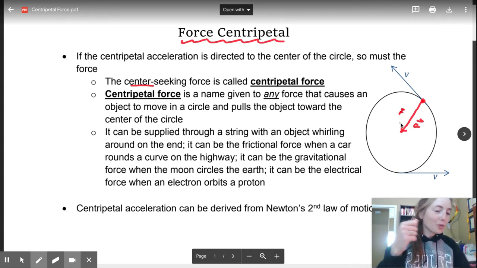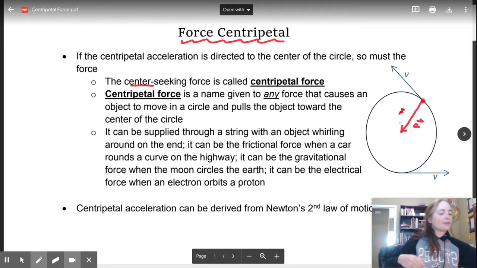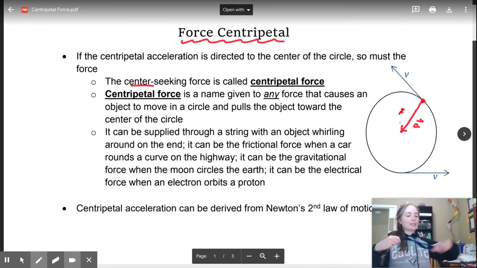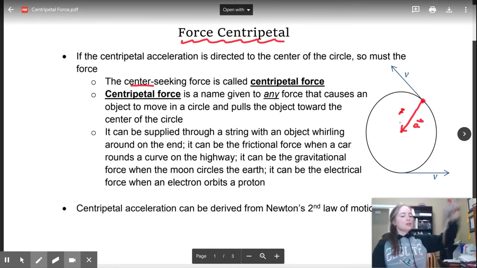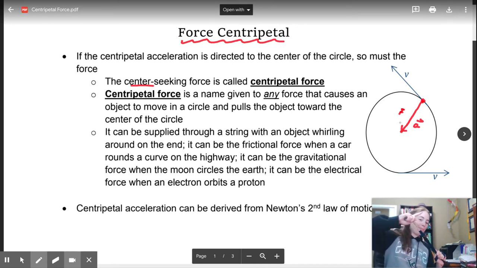So when you've got your keys spinning in a circle, there are my keys. When you're spinning an object in a circle, the centripetal force is going to be pulling inwards, and the velocity is going to be going that way.